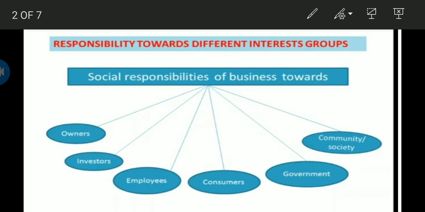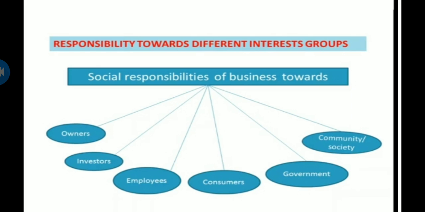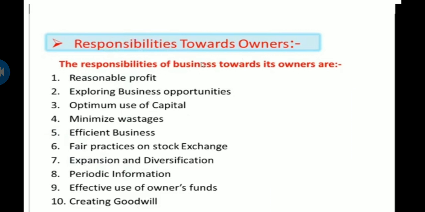All these are the groups which live in the society, and the business has some social responsibility towards them. We will learn all these responsibilities one by one.